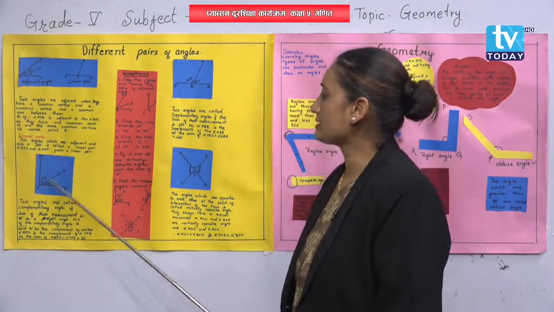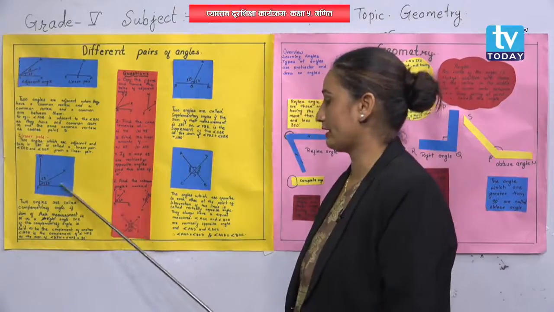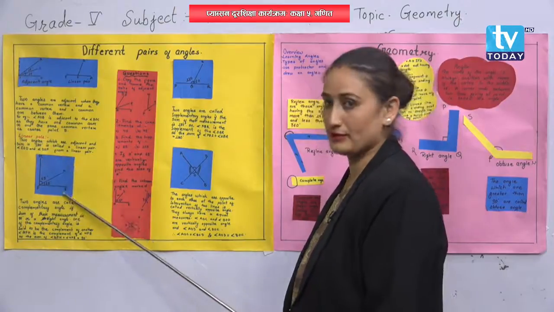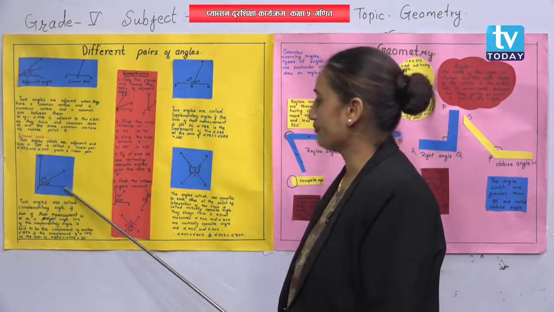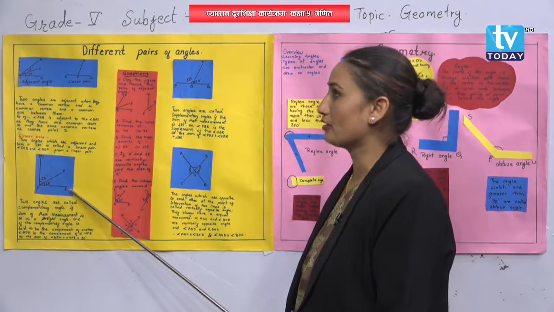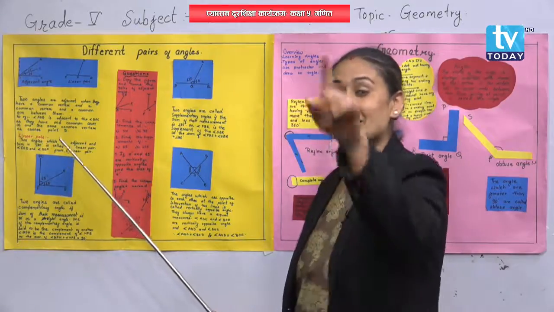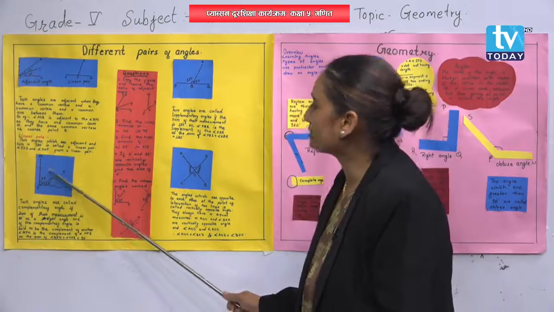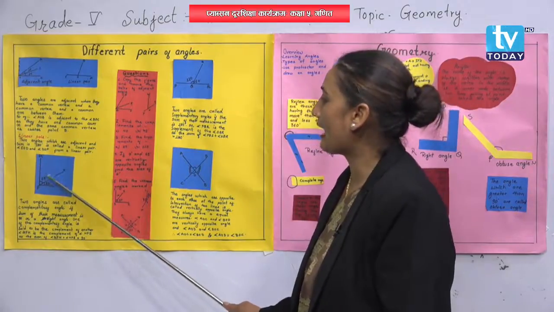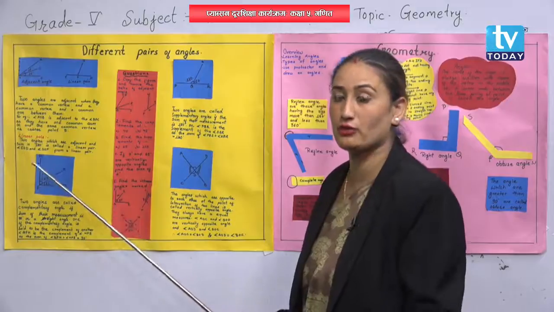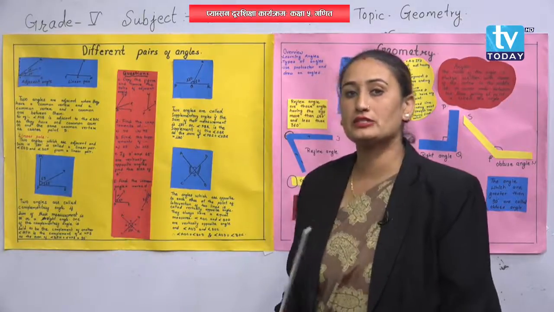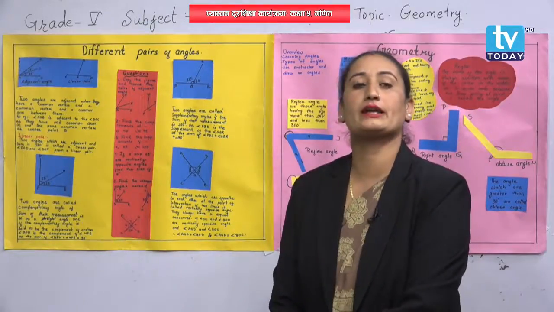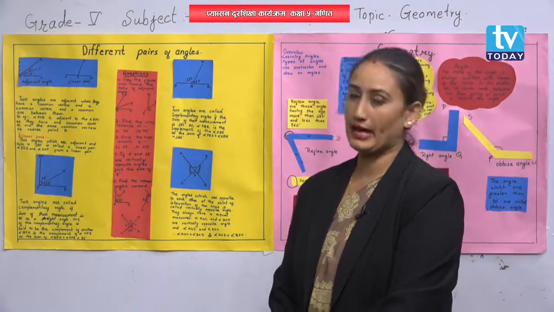In this figure, GFH and HFE are two angles. Have you noticed that GFE is in an L shape? It is in an L shape. So here two angles are formed, and if I add 65 and 25, their sum will obviously be 90 degrees. If this type of angles come, then we call it a complementary angle.